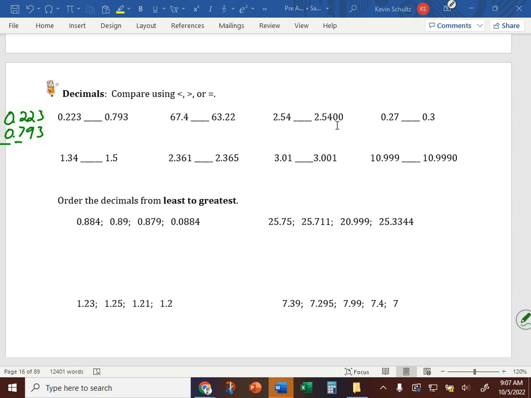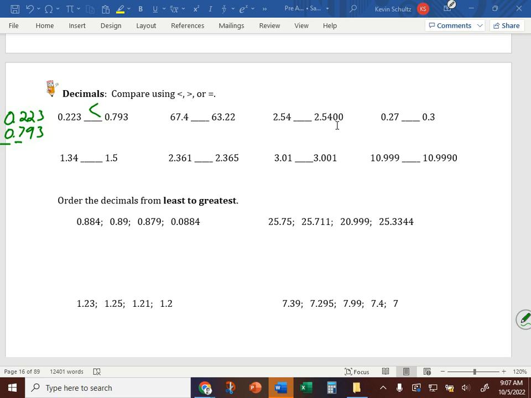If they've got different tenths, you can make your decision which one's greater and which one's less than. Okay? Because 2 tenths is less than 7 tenths. The whole decimal is going to be less than, in this case, 0.793. Right? So you kind of start at the left. You compare place values all the way down until you get something that's different, and then you can make your call.